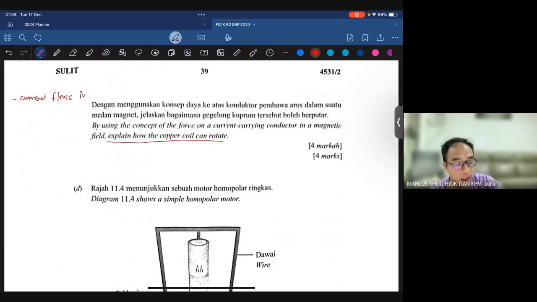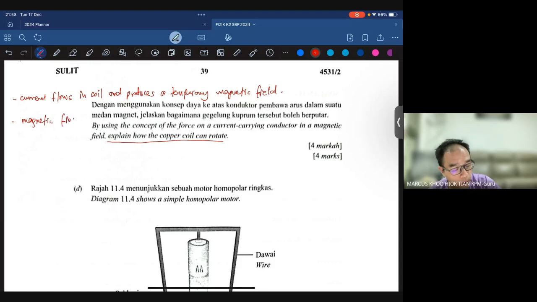Current flows in the coil and produces a temporary magnetic field. Then the magnetic field of the coil interacts with the magnetic field.